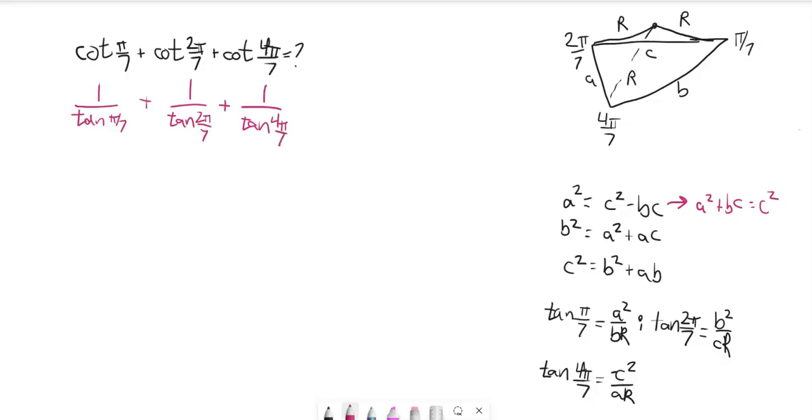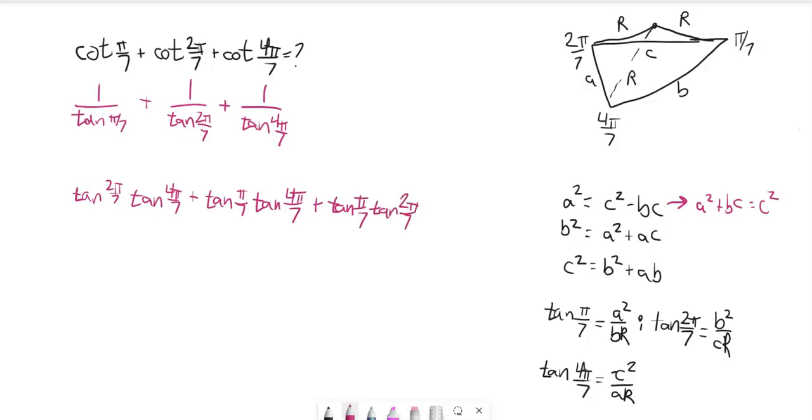Now, what I'm going to do next is write a long fraction to start off with, and we have to find the common denominator. So I'm going to write the tangent of 2 pi over 7 times the tangent of 4 pi over 7, plus the tangent of pi over 7 times the tangent of 4 pi over 7, plus the tangent of pi over 7 times the tangent of 2 pi over 7.